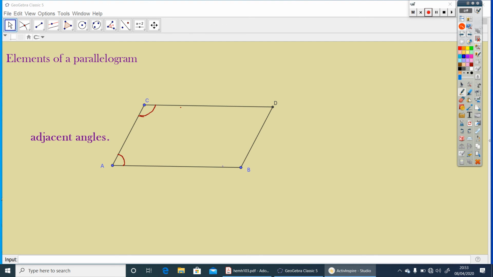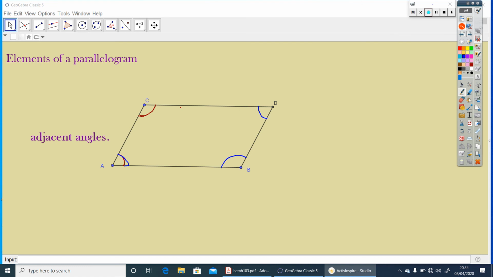Angle B and angle A, or you can say angle B and angle D. Similarly, for each vertex you can say two pairs of adjacent angles. That is angle A and angle C one pair, angle A and angle B another pair. Similarly, angle B and angle D are one pair of adjacent angles. Angle B and angle A are another pair of adjacent angles.